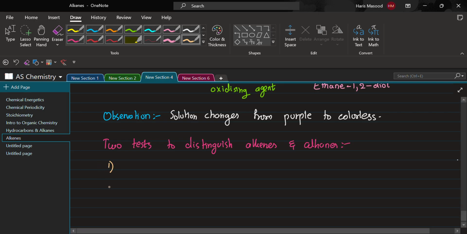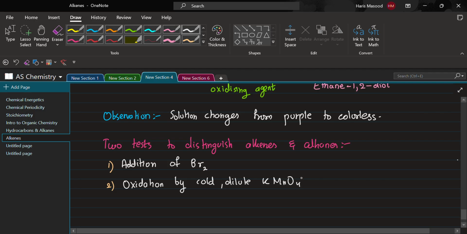One was the addition of Br2, bromine water. And the second one is oxidation by cold dilute KMnO4. So you should remember both the tests and their observations. Clear?